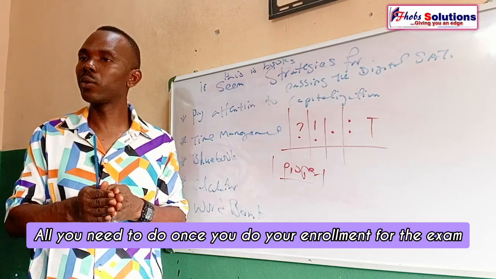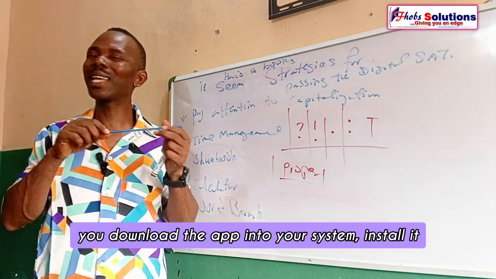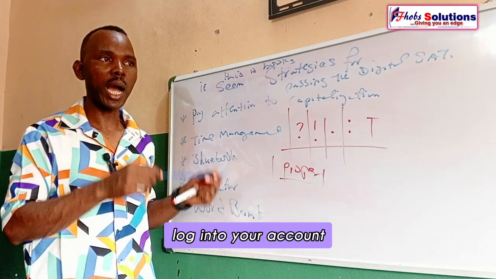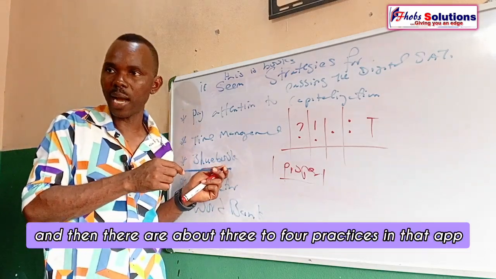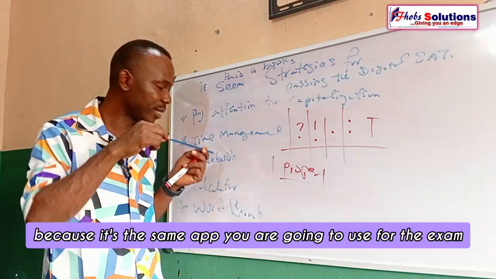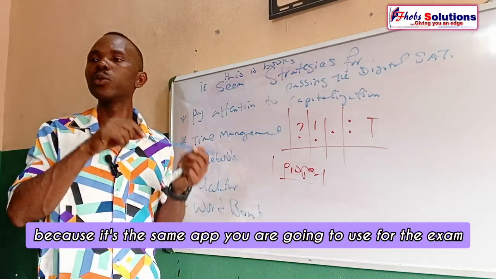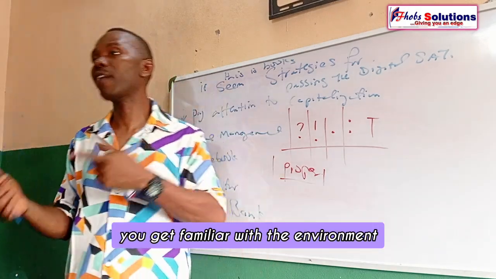Once you do your enrollment for the exam, you download the app into your system, install it, log into your account, and then there are about 3 to 4 practices in that app. Why you need to practice with the app is because it's the same app you are going to use for the exam. So as you practice, you get familiar with the environment.